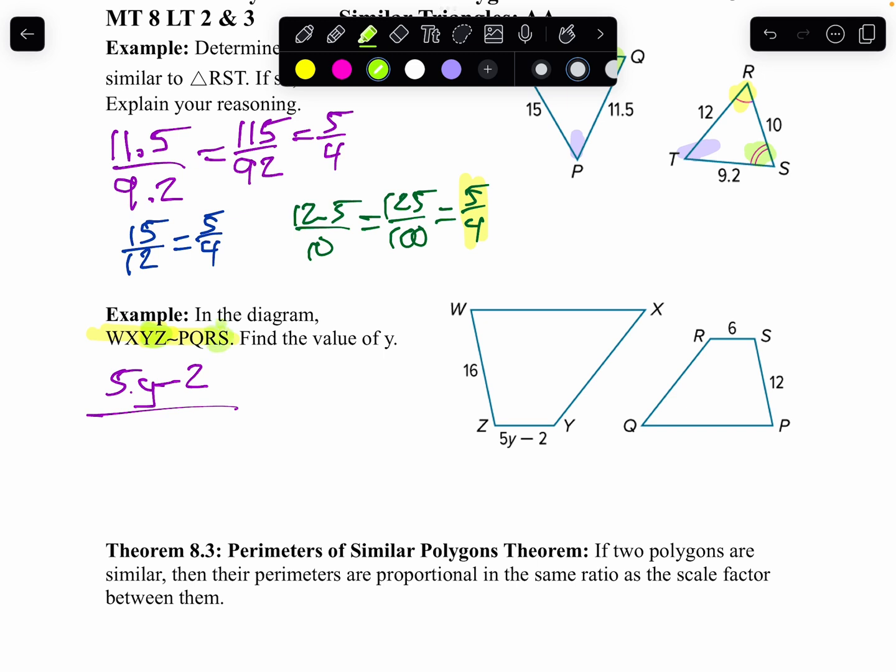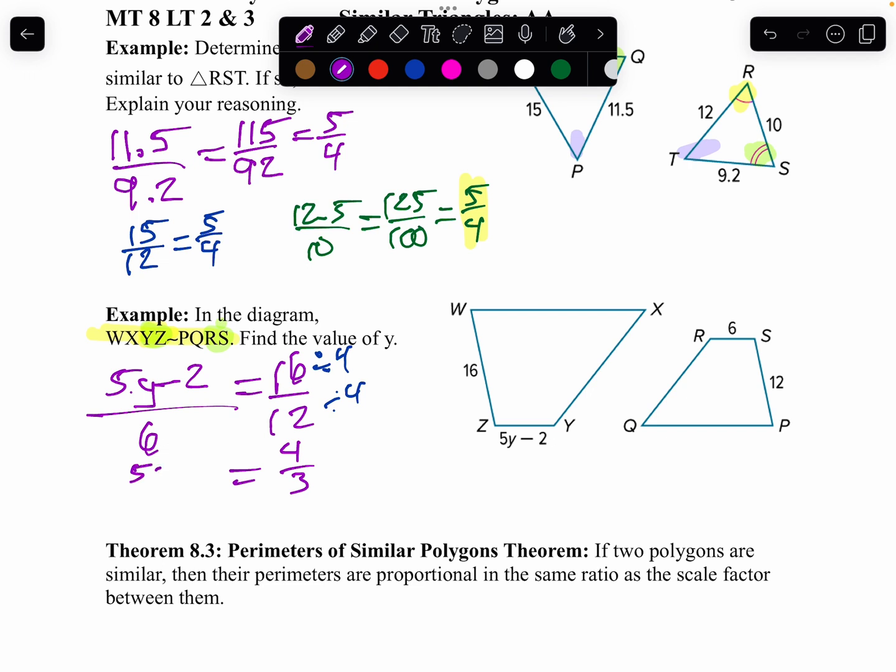So that corresponds to 6. I'll do the same thing, 16 to 12. I'll pick another pair of sides. Now, you could just solve it from here, but I'm going to reduce it. You can reduce numerator to denominator, because I notice 4 goes into both of these. So I'll get 4 is to 3, as 5y minus 2 is to 6.